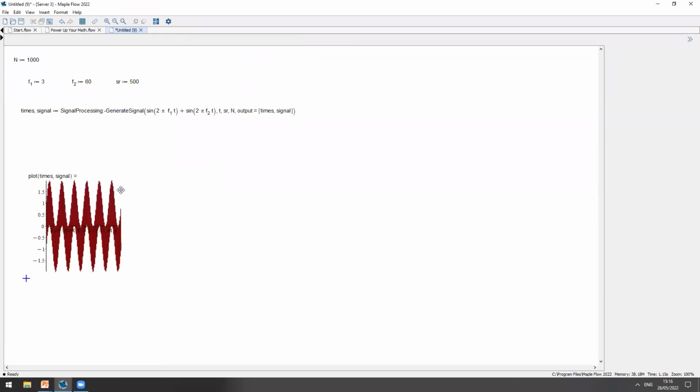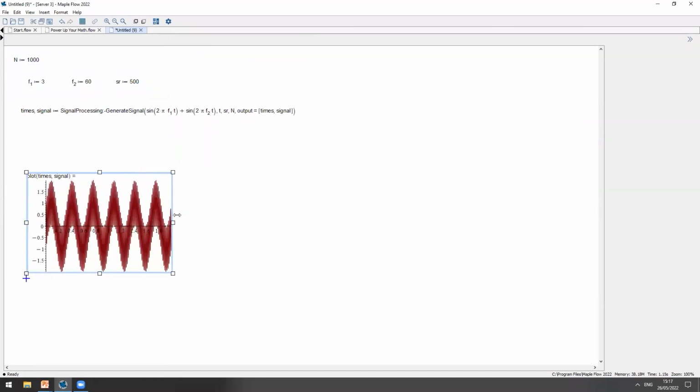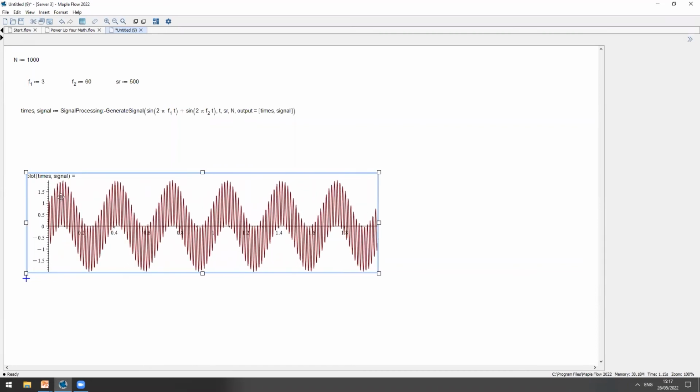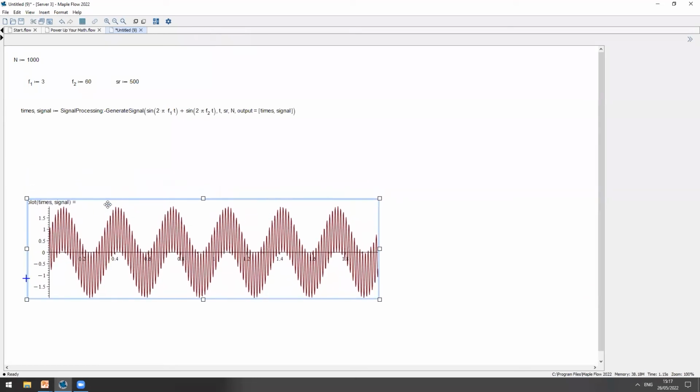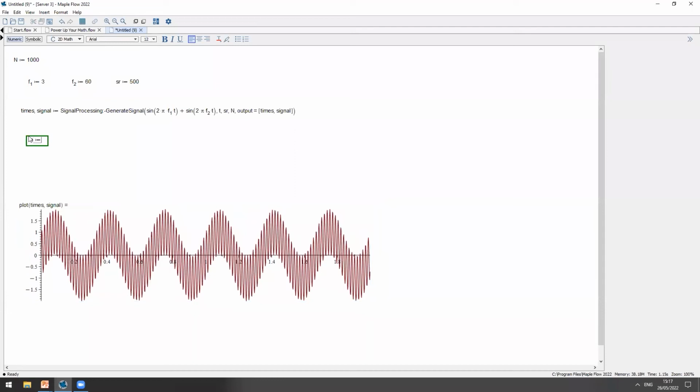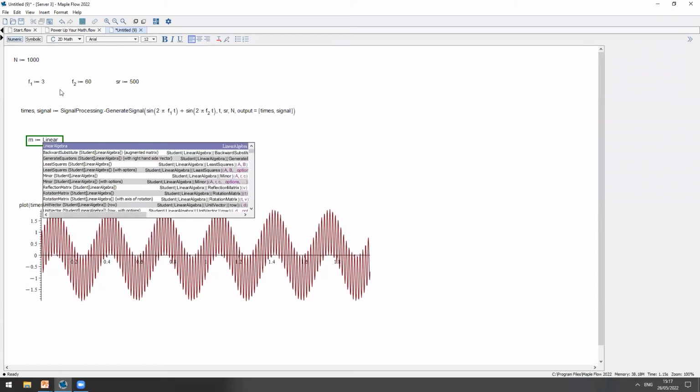All right, let's increase the size of this plot. So if I've done this correctly, we should see the lower frequency and the superimposed higher frequency as well. I think I said I was going to pollute the signal with noise. So let's start off by creating some random data.